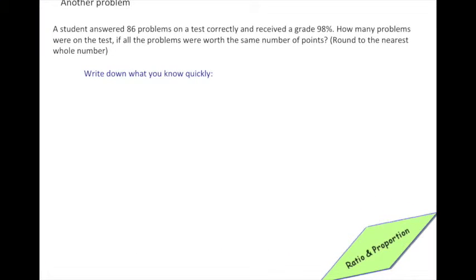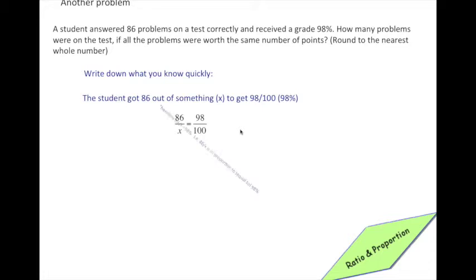Okay, first thing you should have done is write down what you know. Do this fairly quickly, don't need to spend forever. So the student got 86 out of something, which we're going to call x, to get 98 out of 100. So that's written as 86 over x equals 98 over 100. We just use the cross multiplication method, becoming 8,600 equals 98x.